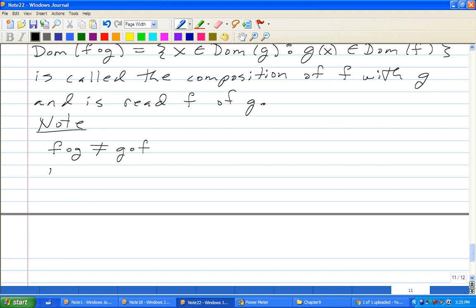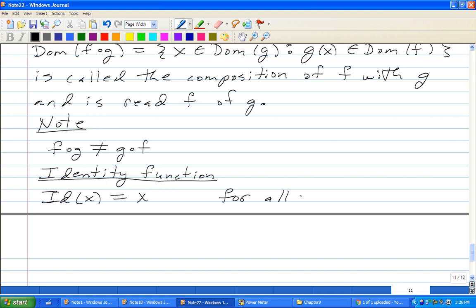Okay, so identity function. The identity function is actually the multiplicative identity for composition, if I consider the algebraic operation of multiplication to be composition. And so the identity function, denoted by ID, just takes every x and gives us back x. And so this is for all x.